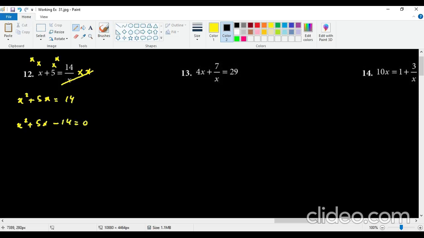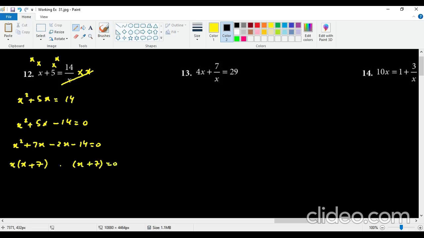And in here we use the factorization method. 14 times 1 is 14, and plus 7 minus 2 is going to give us 5x. So I will write x square plus 7x minus 2x minus 14 equals 0. x is common in the first and second, so I will write x plus 7. x plus 7 will be copied as it is, no change, and minus 2 I will write like this.